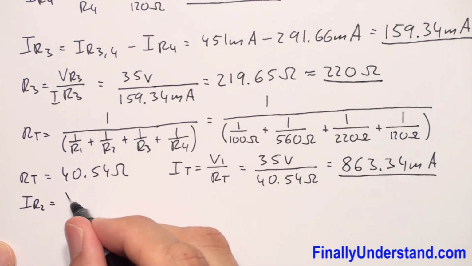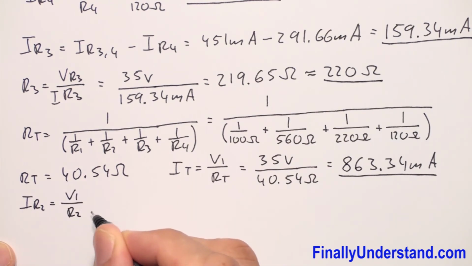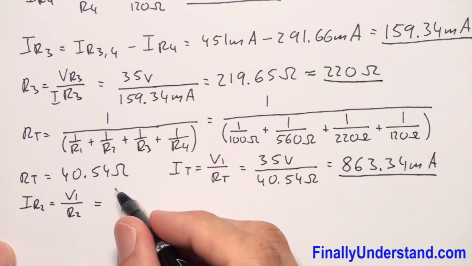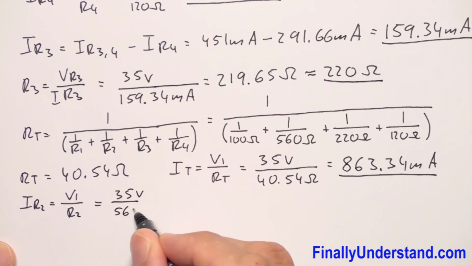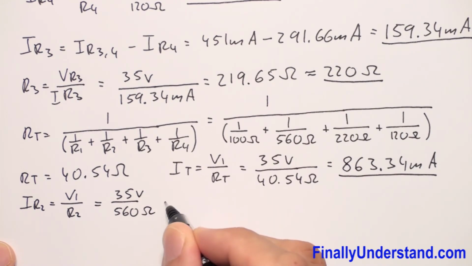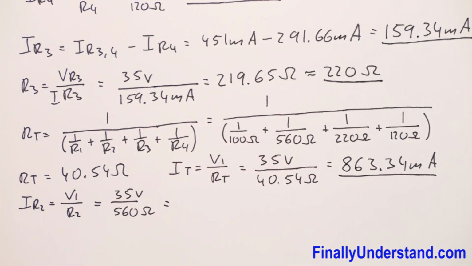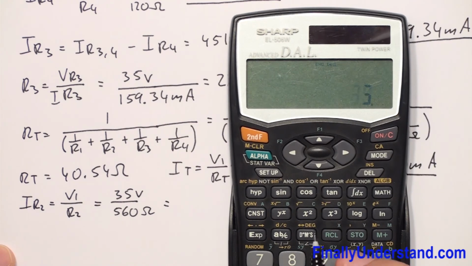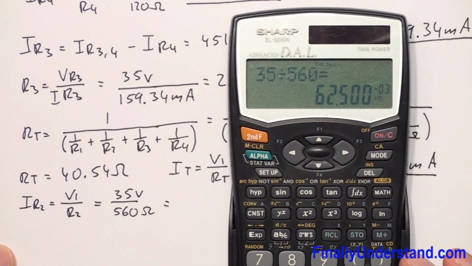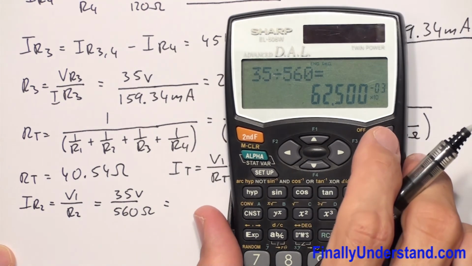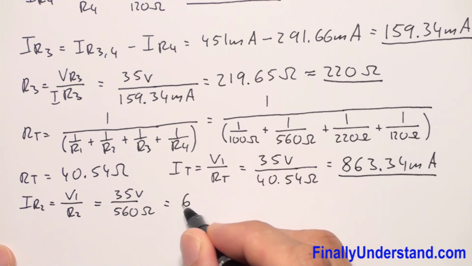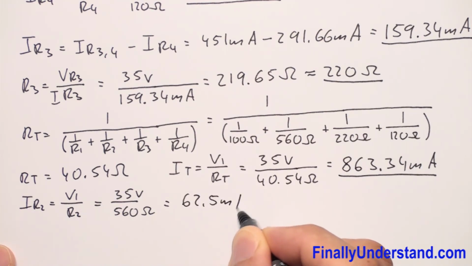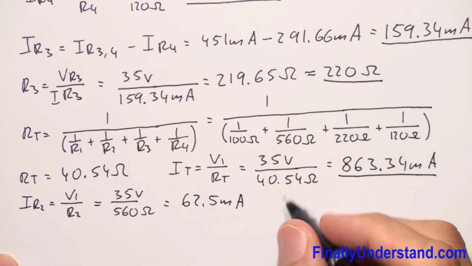IR2 is equal to V1 over R2, which is 35 volts over 560 ohms. This is 35 divided by 560, which is 62.5 milliamps.